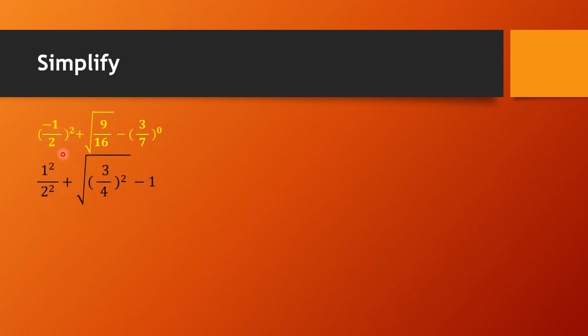It equals 1 power 2 over 2 power 2 plus square root of (3 over 4) power 2 minus 1. 1 power 2 equals 1 and 2 power 2 is 4, plus absolute value of 3 over 4, minus 1, equals 1 over 4 plus 3 over 4 minus 1. 1 over 4 plus 3 over 4 is 4 over 4, minus 1. 4 over 4 is 1. 1 minus 1 equals 0.